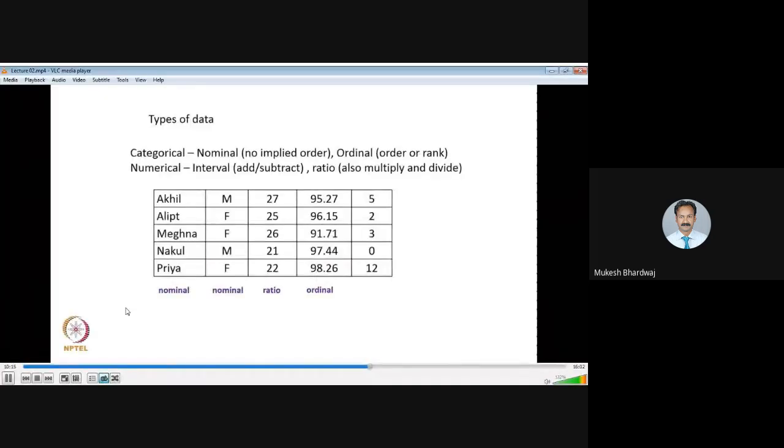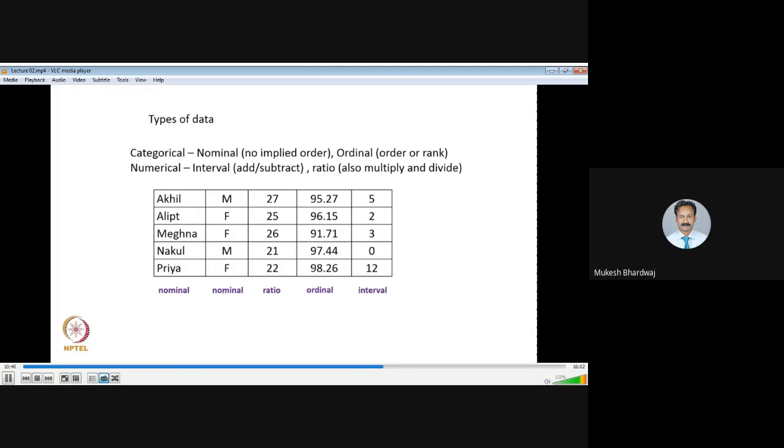So one cannot say that the person who got 96.15 got 1 mark more than the person who got 95.27. What it represents is that this person who got 96.15 is in the top 96.15% of those who wrote the exam, whereas the one who got 95.27 is within the top 95.27% of those who wrote the exam. So it is ordinal.